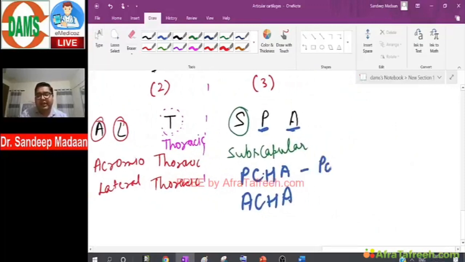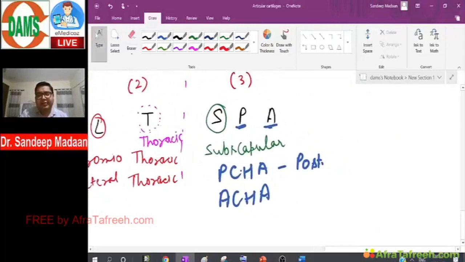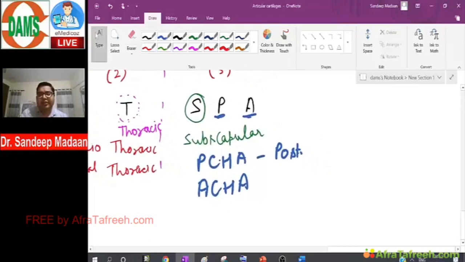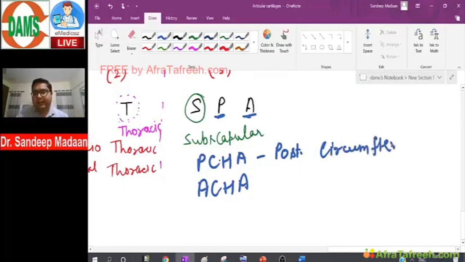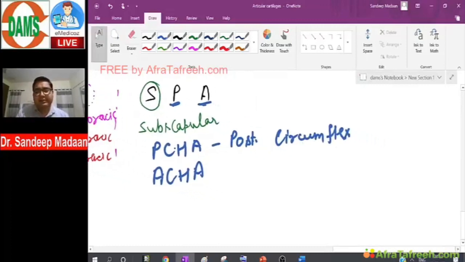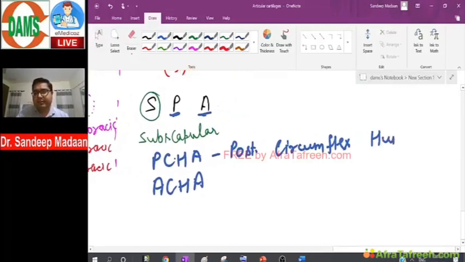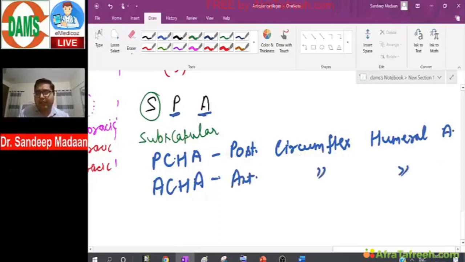This is posterior circumflex humeral artery. And what is Acha? It is the anterior circumflex humeral artery.